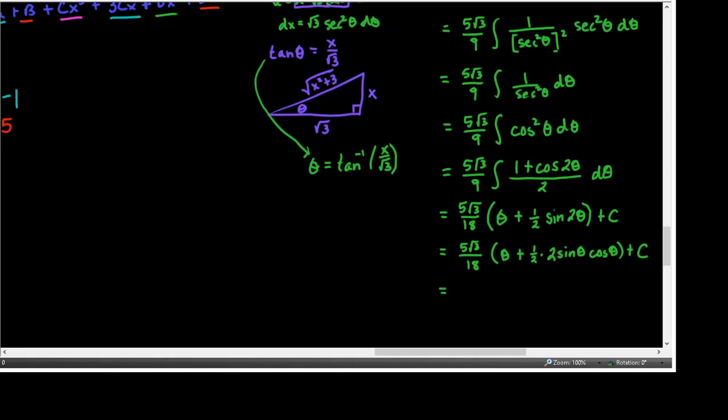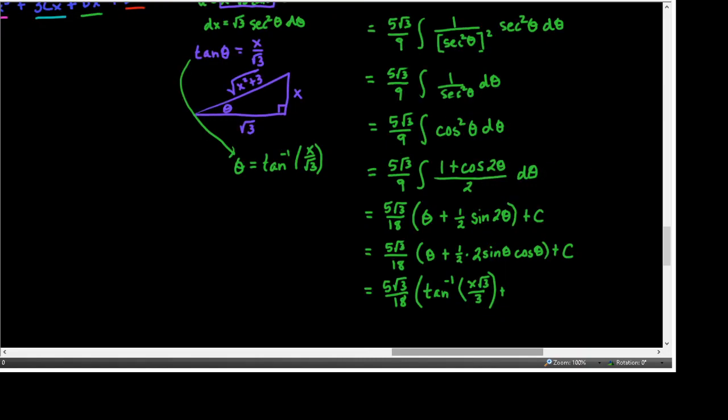So this is 5 square root of 3 over 18 times tangent inverse of, let's see, that would rationalize to be x times the square root of 3 over 3. Okay, plus 1/2 times 2, of course, is 1. So I'm going to just drop that.